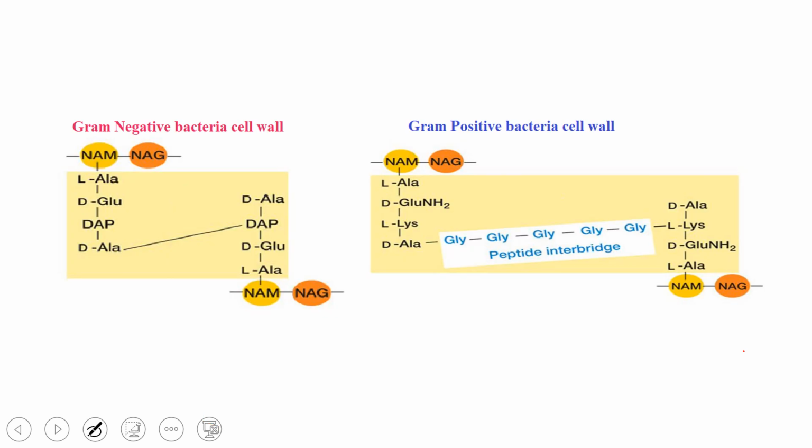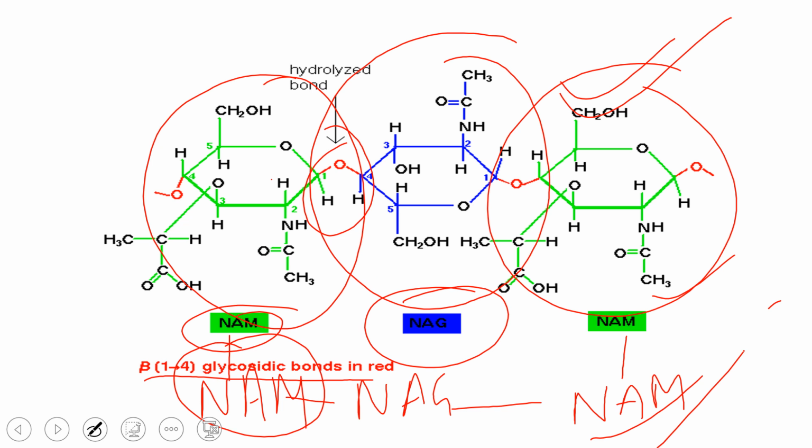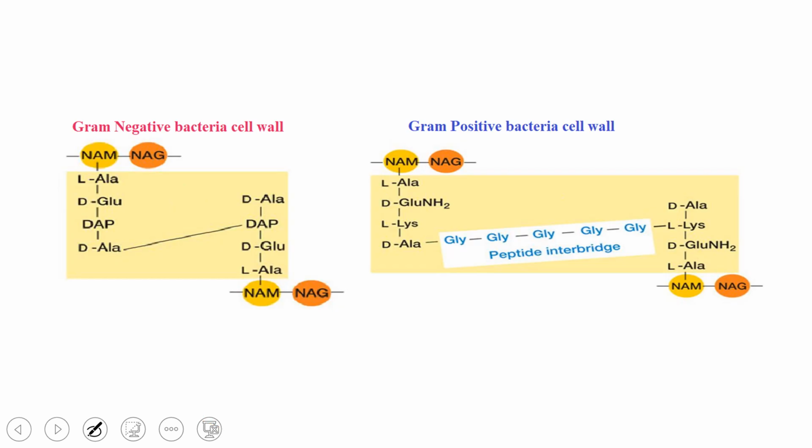The next is this linkage. As I have already told you, the NAM and the NAM will be linked. Between this linkage, there is a link that is formed by amino acids.